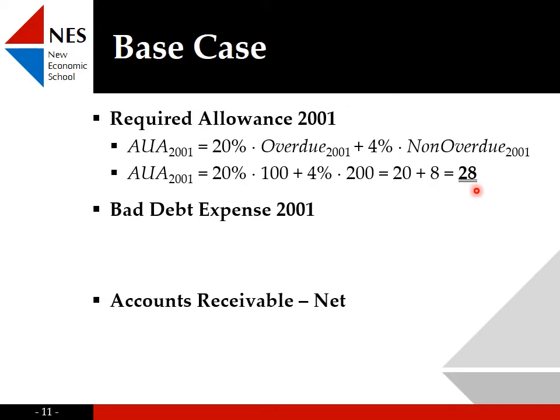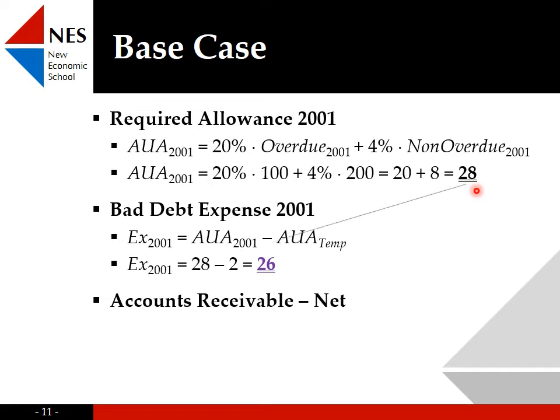So remember that we are moving from a situation where we have required 22 to a situation when we require 28 for the allowance. Now, how much incremental allowance will be needed to reach this new desired level of 28?